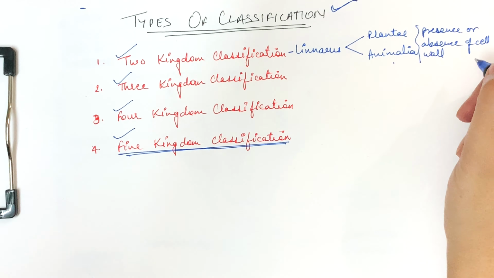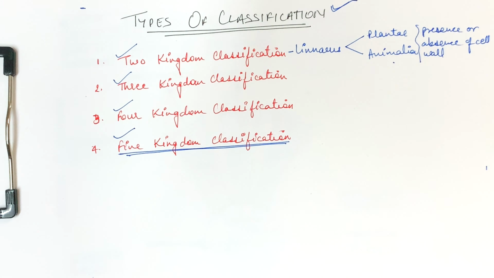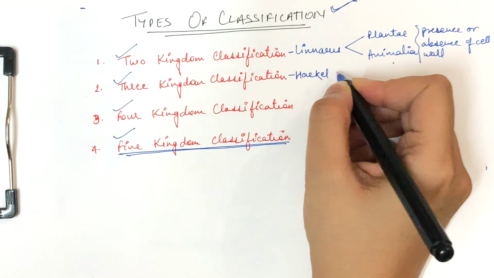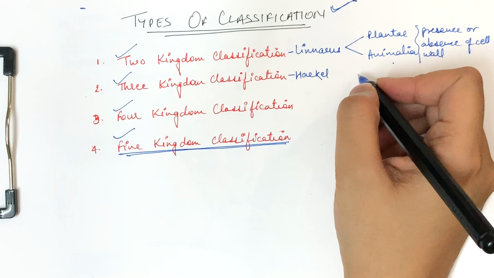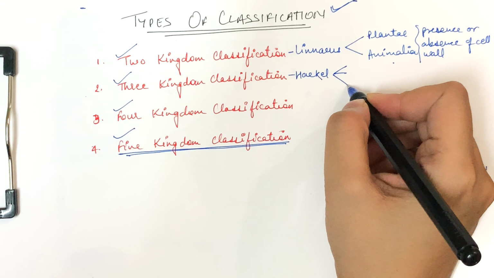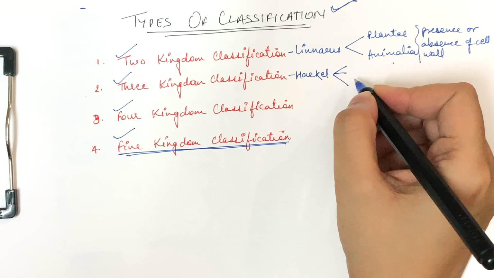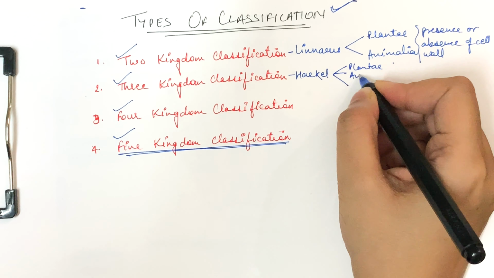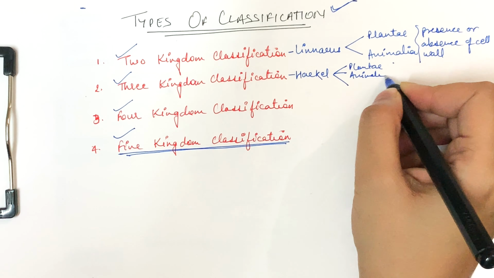Okay, now the other one is 3 kingdom classification. This 3 kingdom classification was given by Haeckel. What he did is he separated some unicellular organisms, so he classified it into 3. Plants and animals were already there.